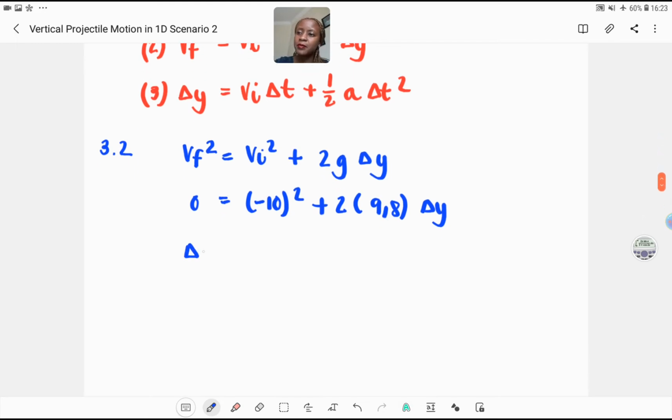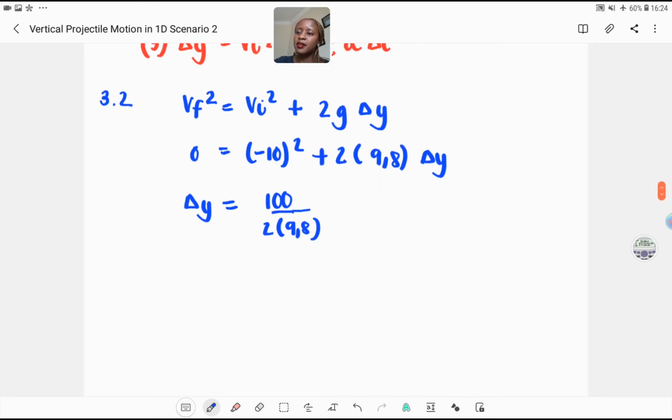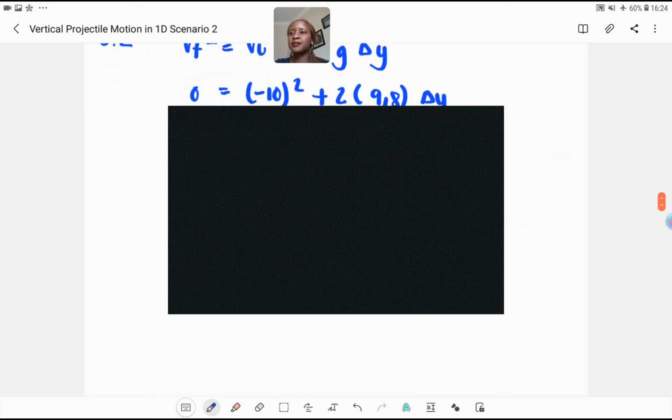So, making delta y the subject of the formula, if I were to take 10 that side, it would be 100, 10 squared, and then we have 2 times 9,8. That's 19,6. And then we can calculate what that will give us.